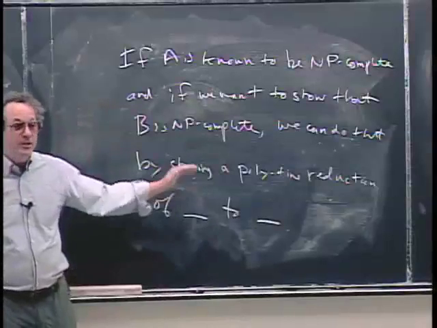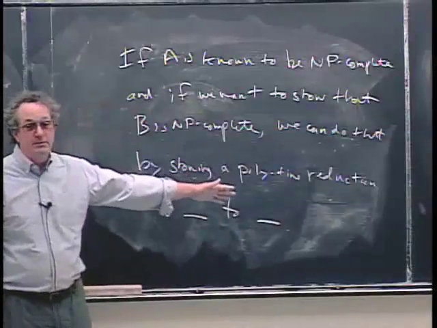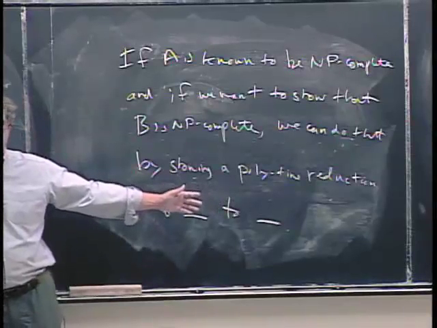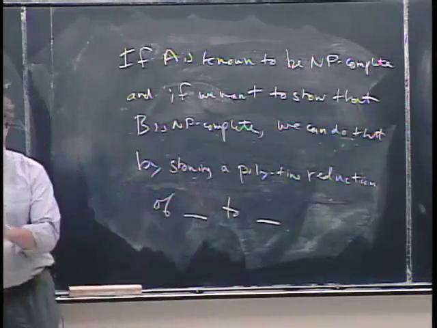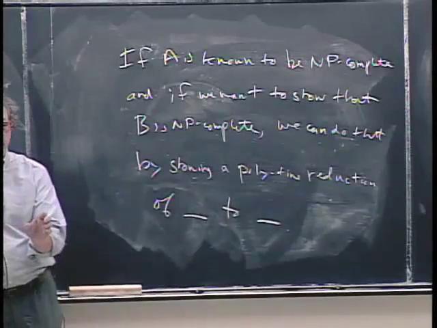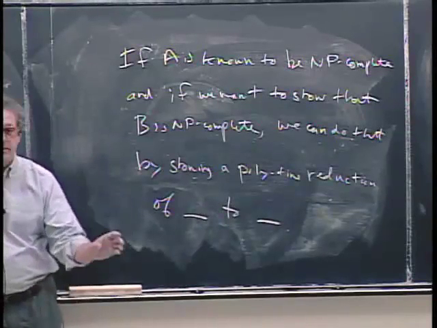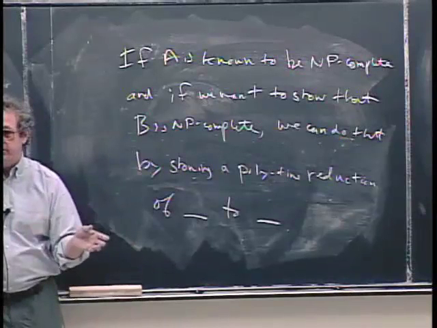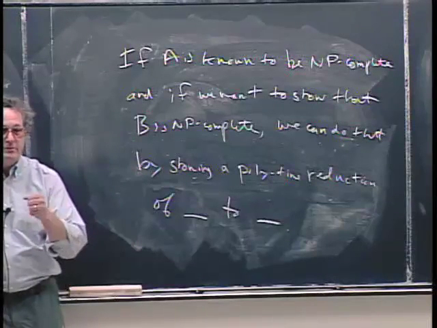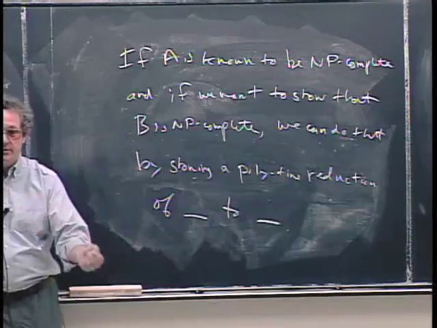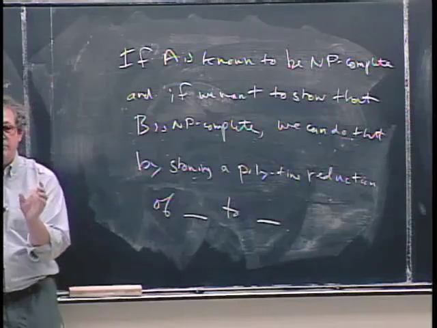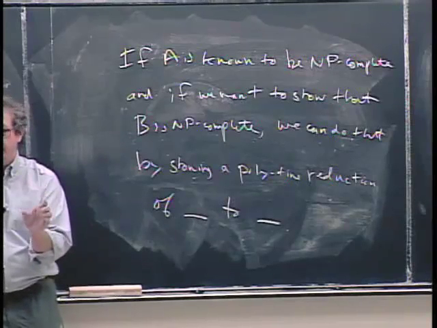The logic here is identical to the logic of what we were doing when we were talking about proving undecidability. If we have one language which is known to be undecidable, and we want to prove that another language is undecidable, we can do that through the mechanism of reduction. But you've got to be clear on which language reduces to which in order to get that done. Now, playing the role of undecidable is NP-complete.